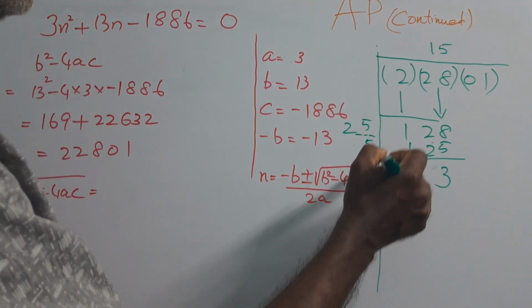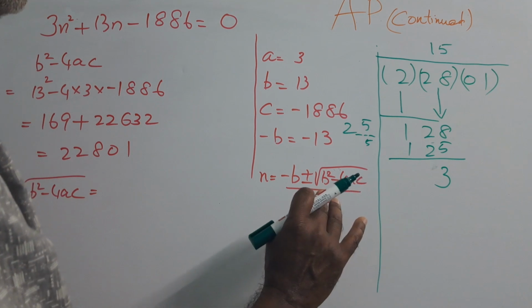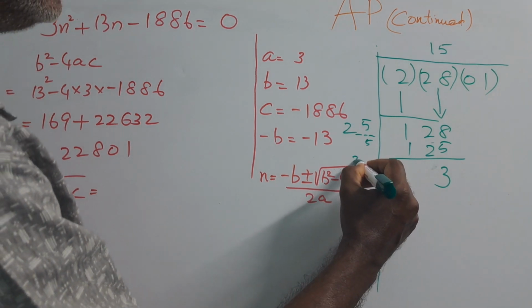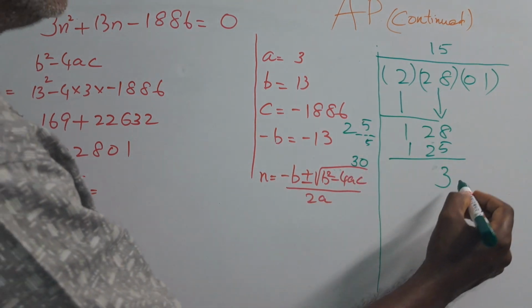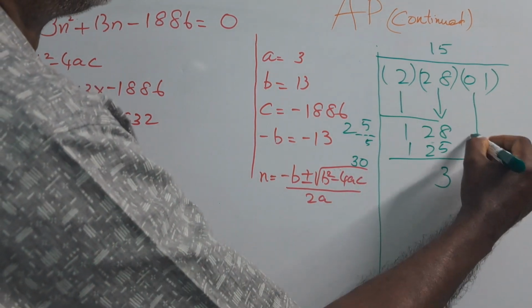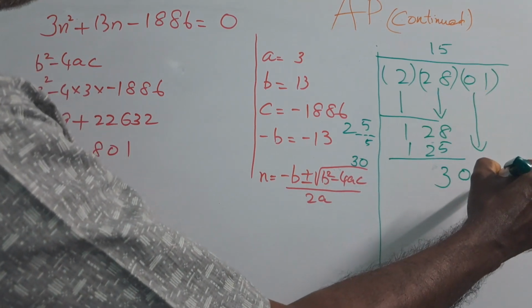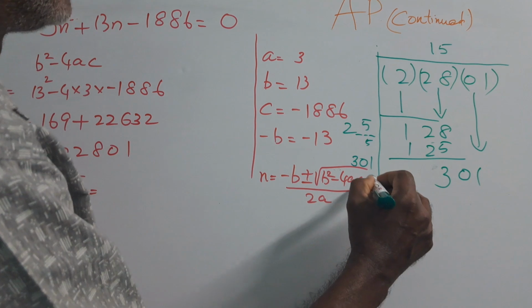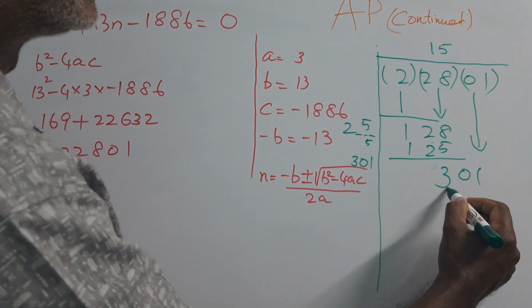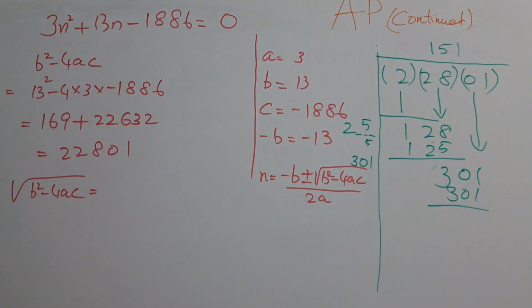Now you need to double the number again. 15 into 2, we get 30. Now we have 301. Write the group itself down. 301. When you add 1 and multiply the number by 1, you get 301. So 151 is the square root of this number.